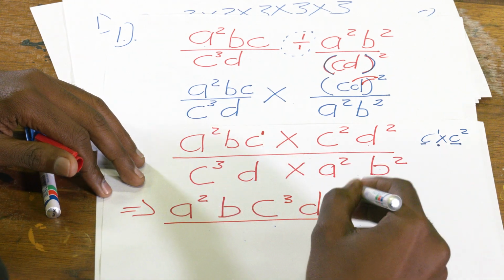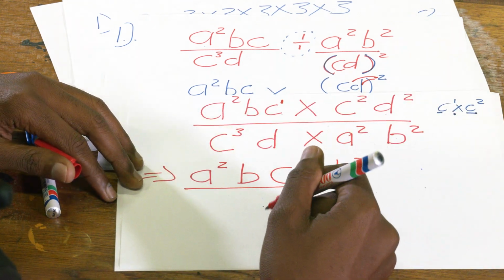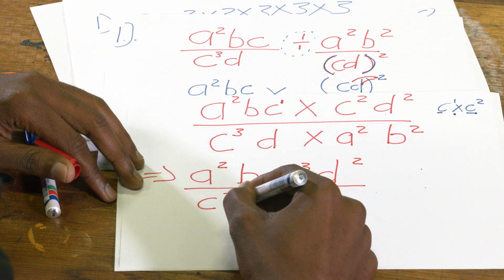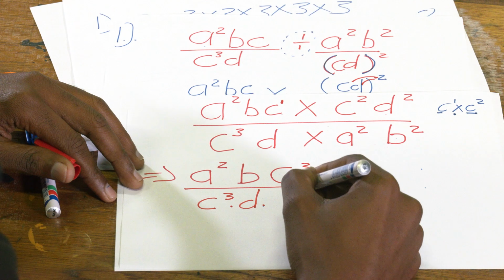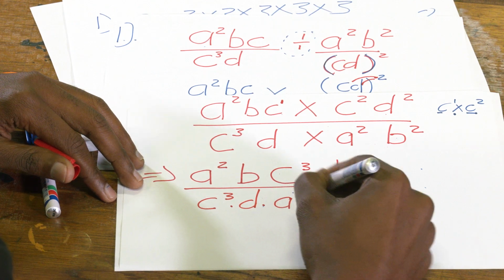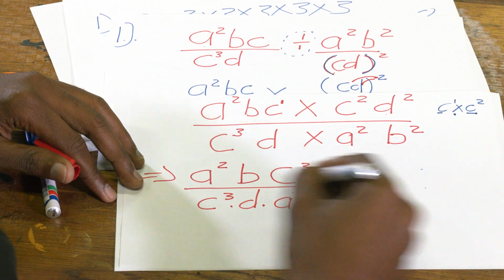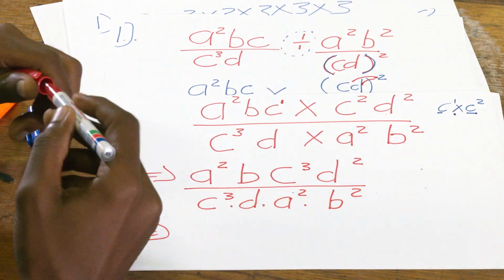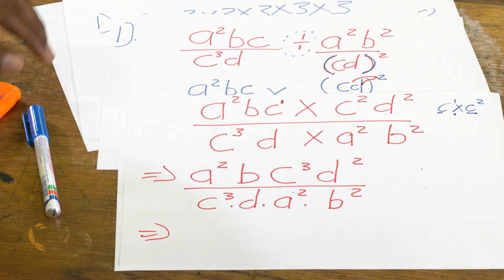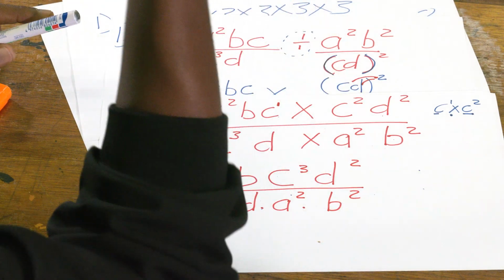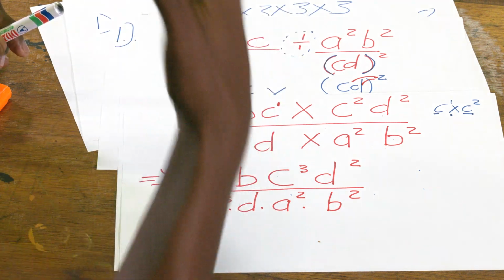And then we go to the bottom and look for ones that are the same. So we've got c to the 3. There's no other d. There's no other a squared. And there's no other b. So it's b squared. Now we can start working it out. So remember, now that it's division, if the variables are the same, we subtract.